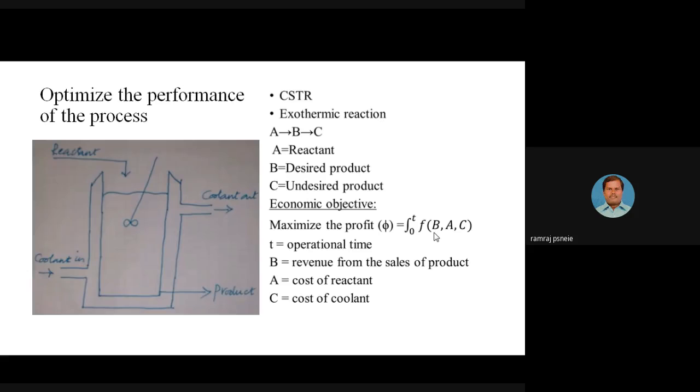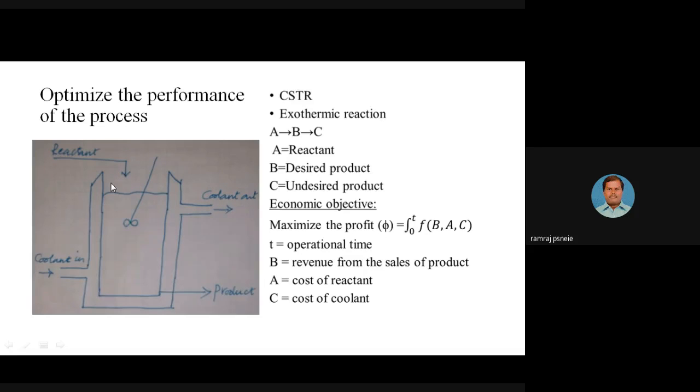After selling those products, the revenue we get is the revenue from the sales of product. We specifically denote it by B. A is the raw material for producing that product, I mean the reactant we are using. That one is specified by the letter A.